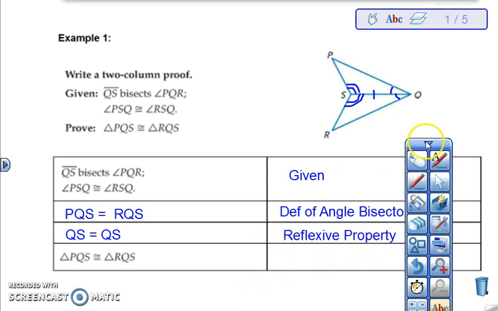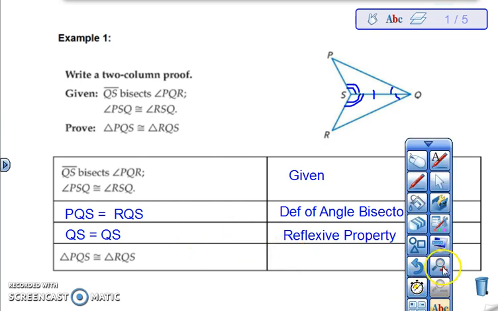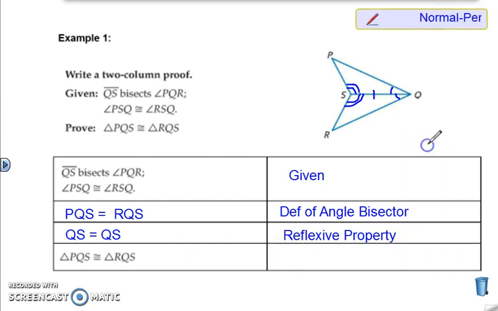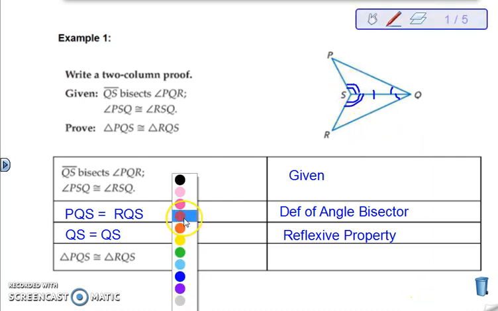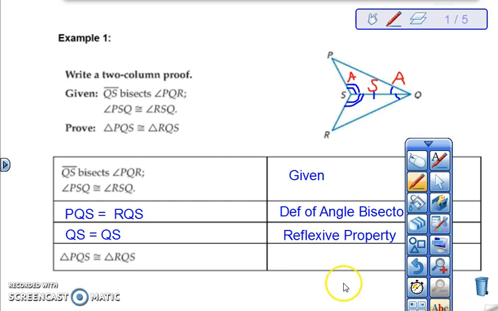And finally, if we have an angle marked over here, an angle marked over here, and the side in between them, that is our angle-side-angle congruence.